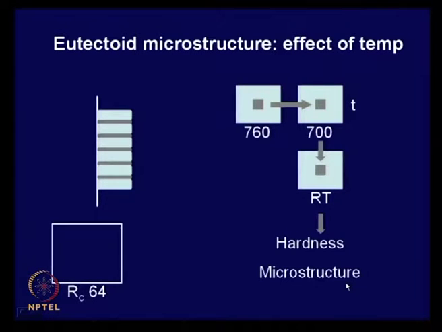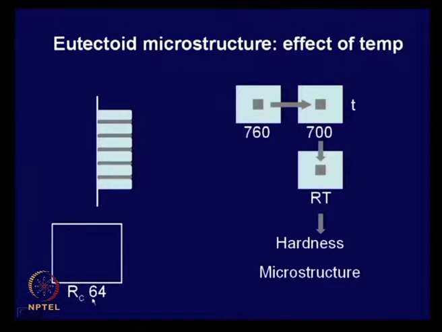And then we will see that in one case, you will find that it will be very difficult to etch. We will look at its structure a little later, but its hardness is very high, it is 64.